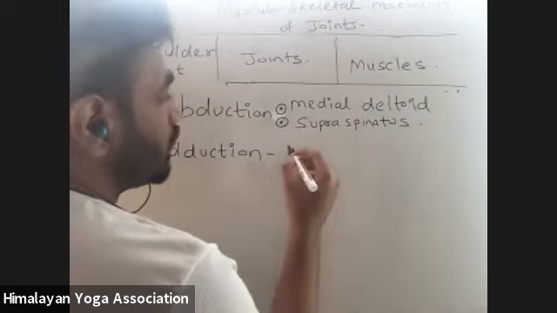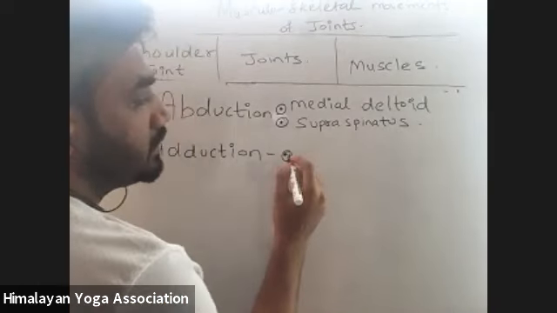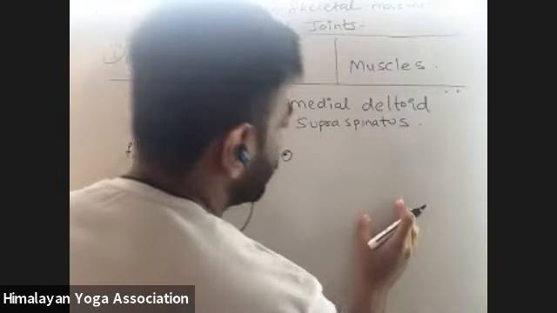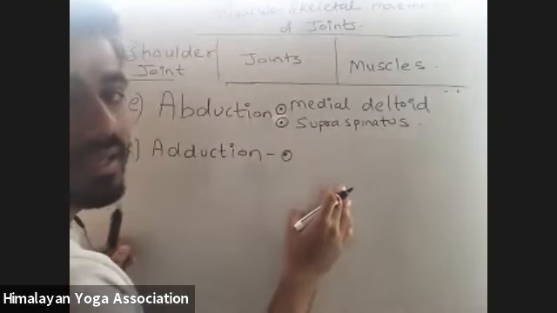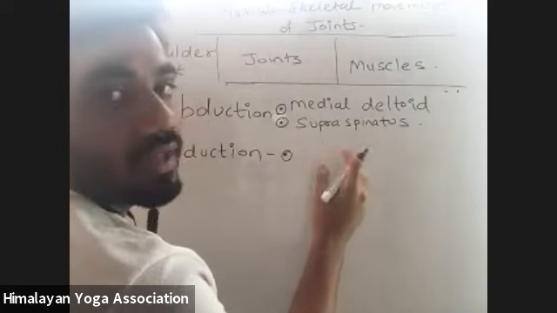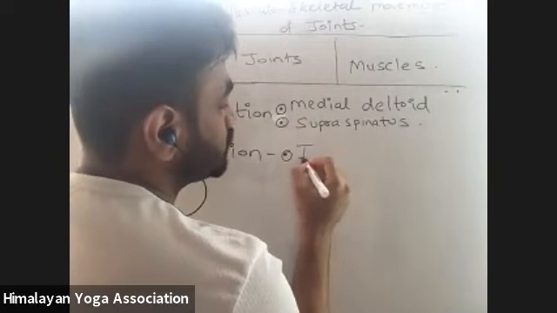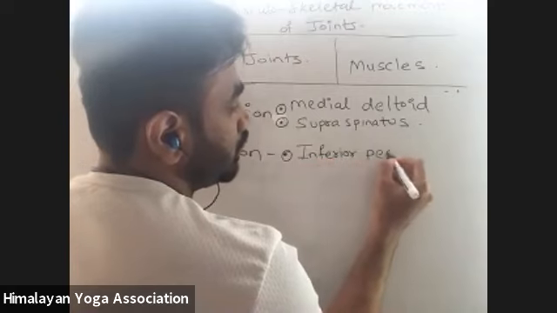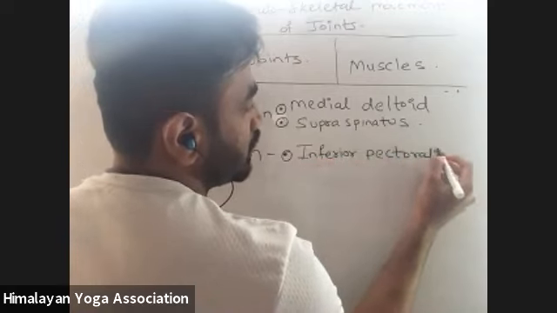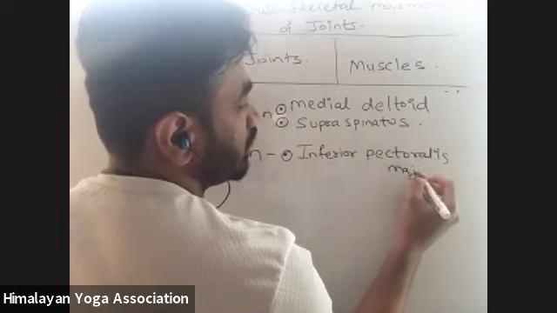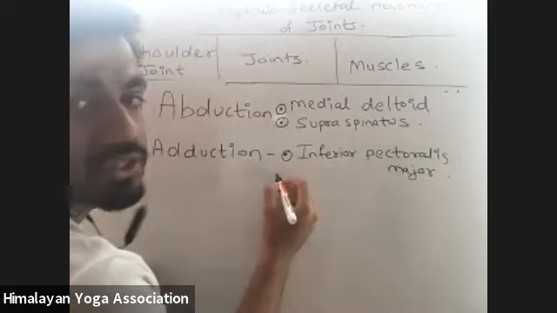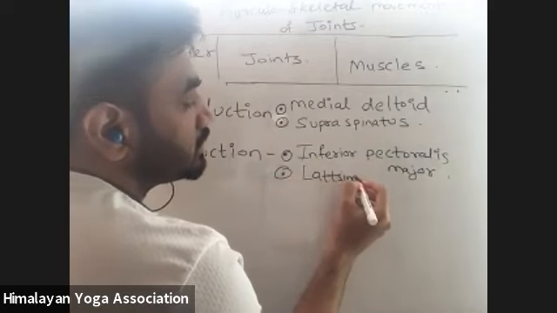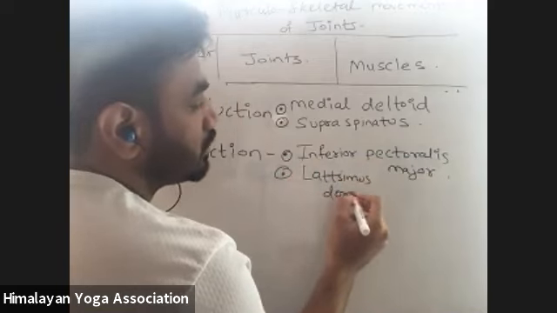In shoulder adduction, infraspinatus muscles will also help, but the major muscle is our inferior pectoralis major muscle, along with the latissimus dorsi muscle.